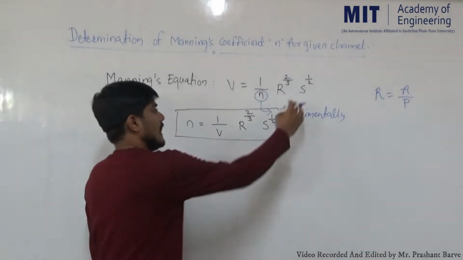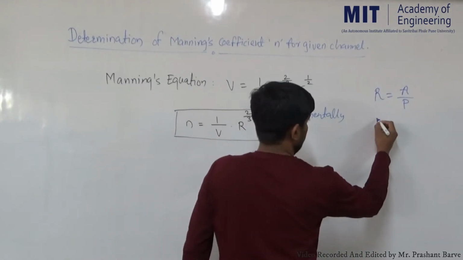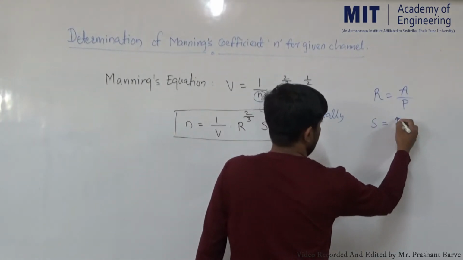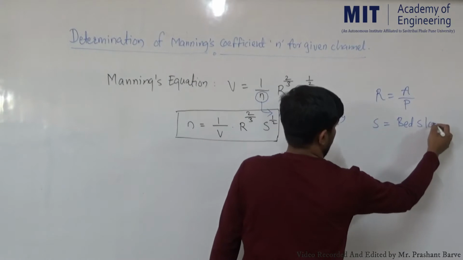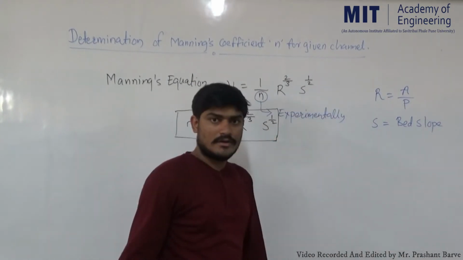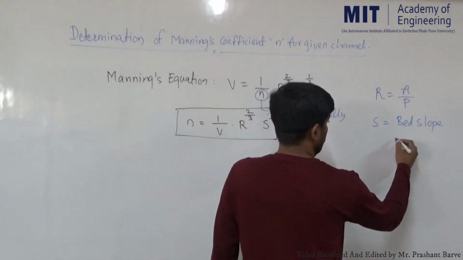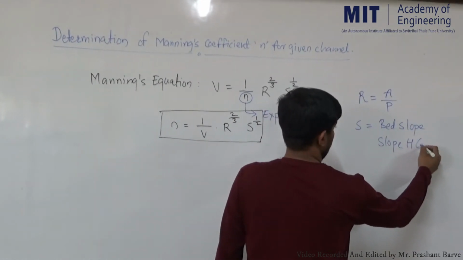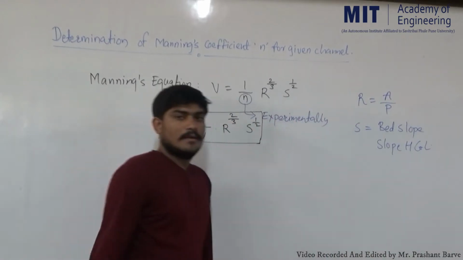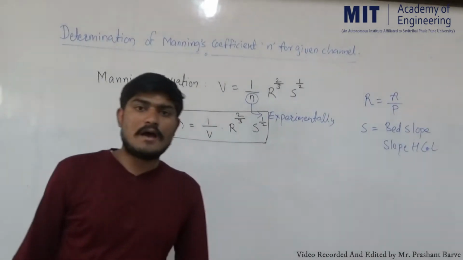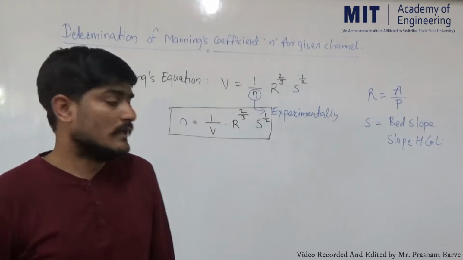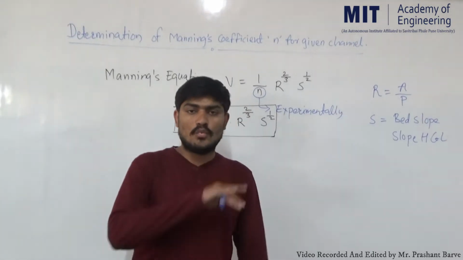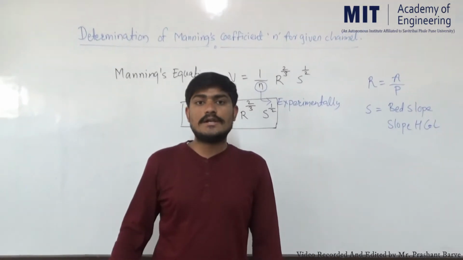And what is S? S here is the bed slope, or more correctly, we can refer to it as the slope of the HGL, the hydraulic gradient line. Many times we have discussed in the theory session that for open channel flow, the water surface itself is the hydraulic gradient line.